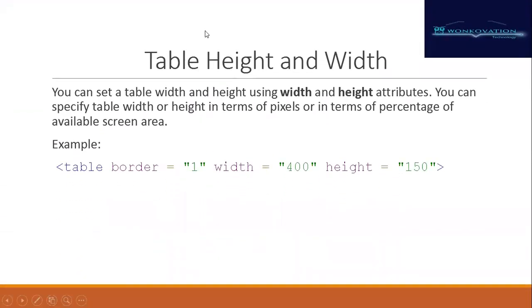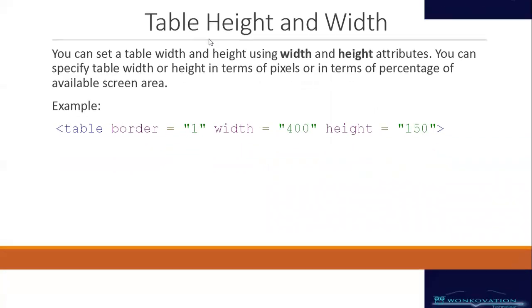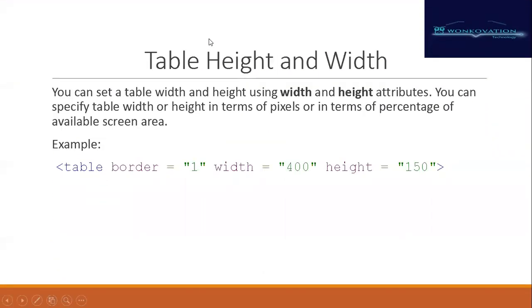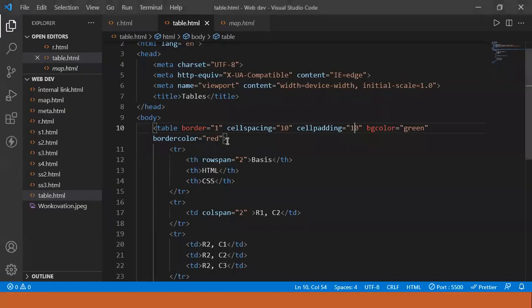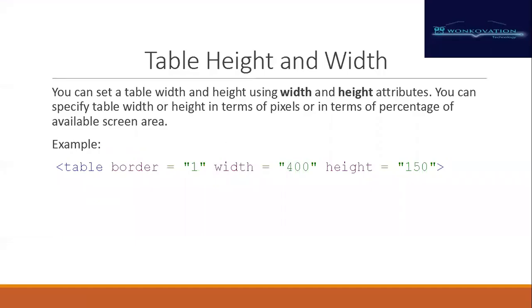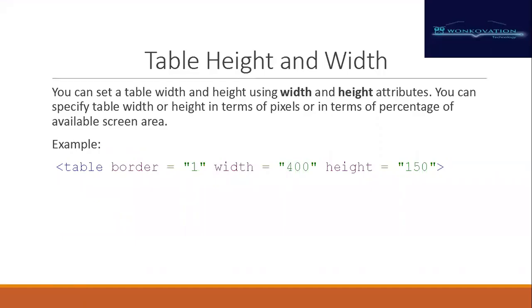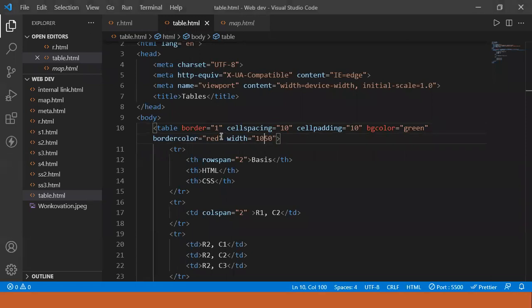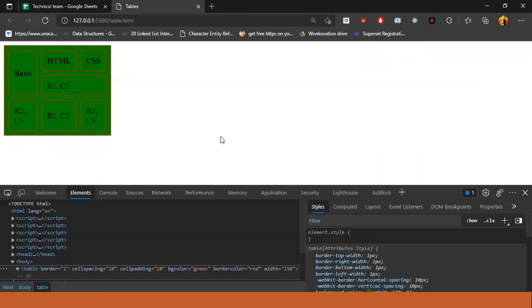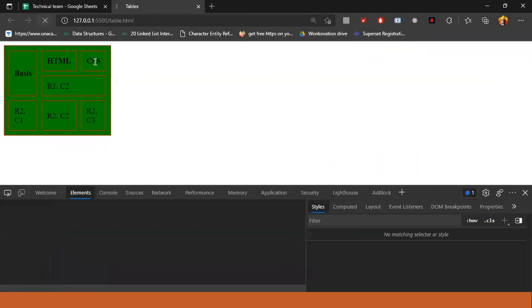Now we are going to write the table height also. How are we going to write it? By the width and height attributes. So over here, we are going to write width equals 150, and you can see it has become 150.